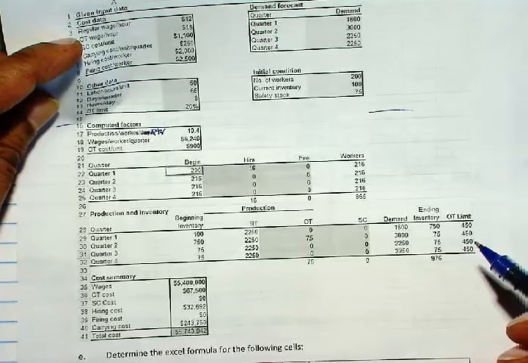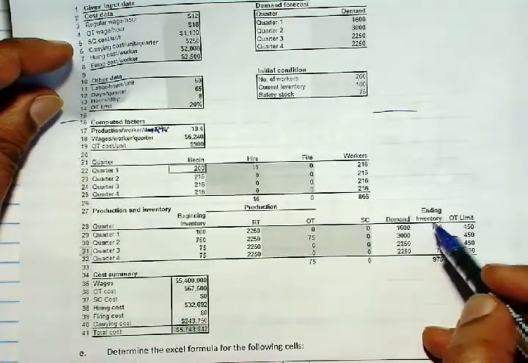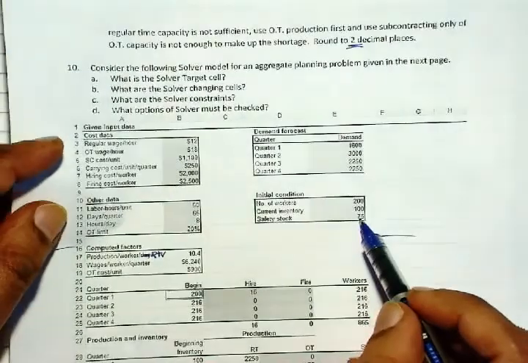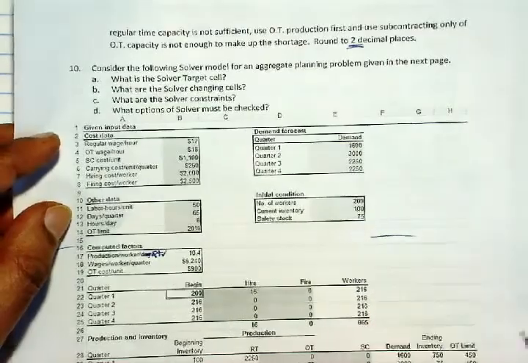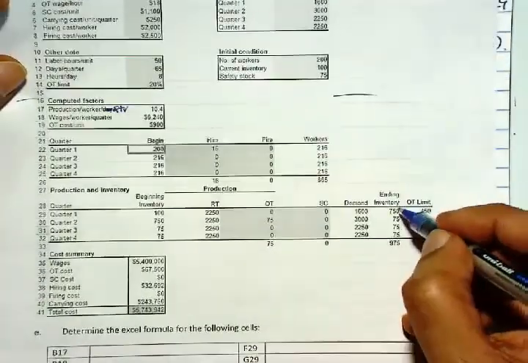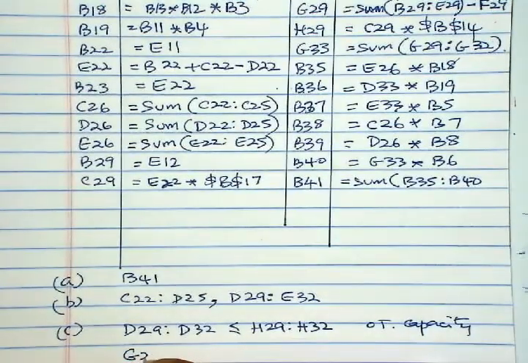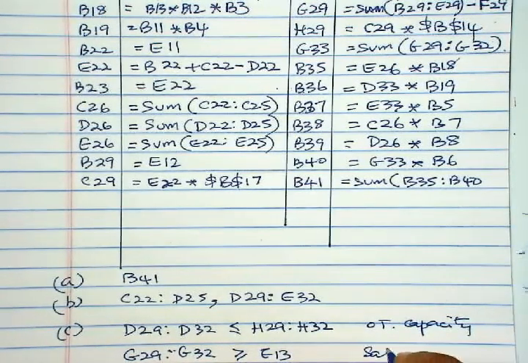Next, your ending inventories cannot go below the safety stock. So ending inventories are G29 through G32. That should be greater than or equal to E13. So that is the safety stock constraint.